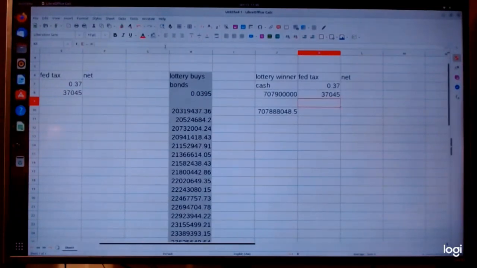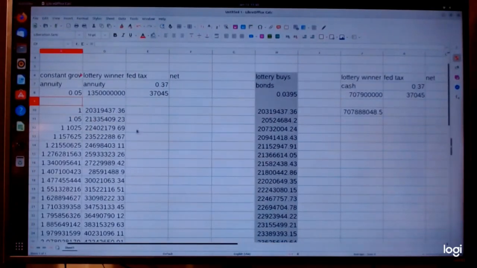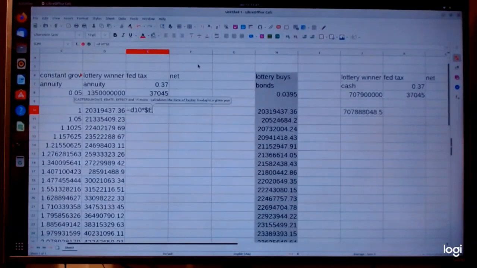All right, so now we can calculate the taxes on this. And that is, what, D10 times E7 minus E8.